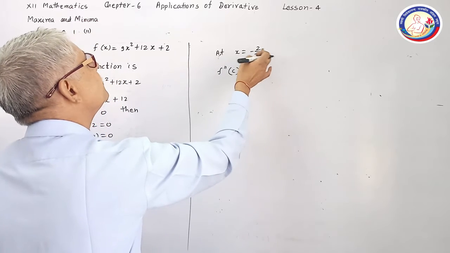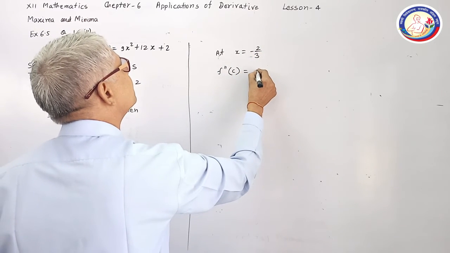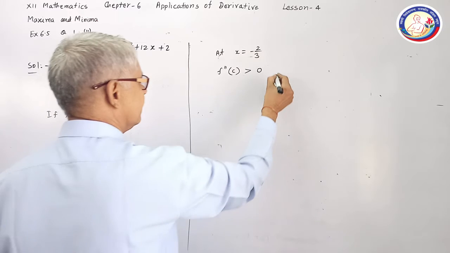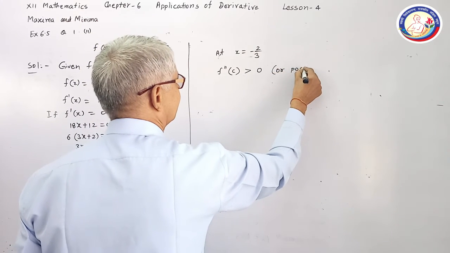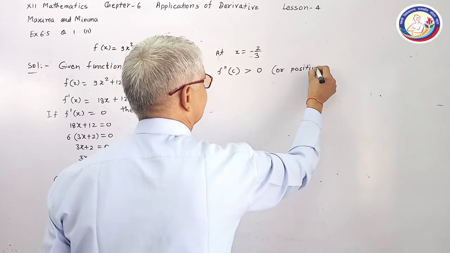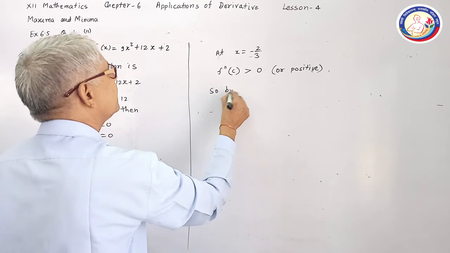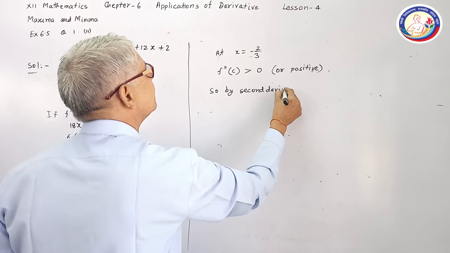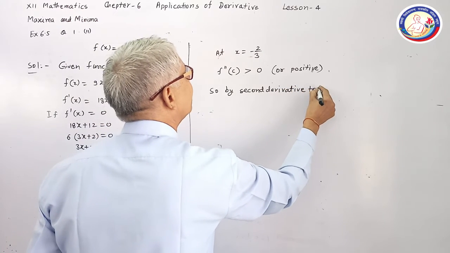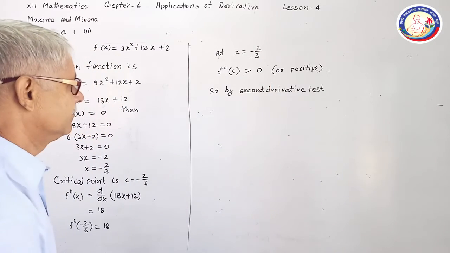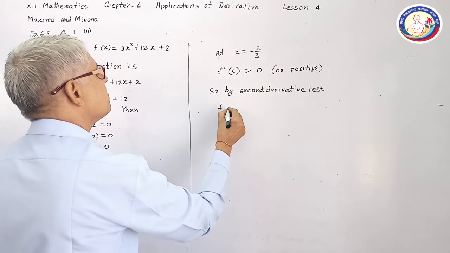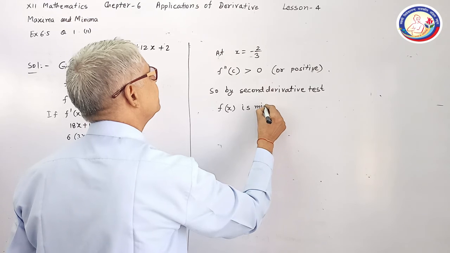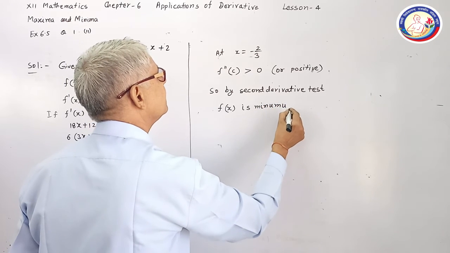At c, 18 is greater than 0 or positive. So by second order derivative test, f x is minimum, because if it is positive, the function is minimum.